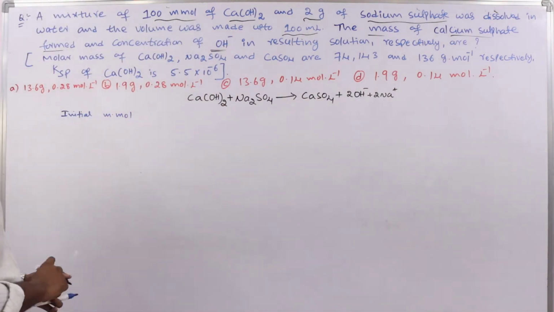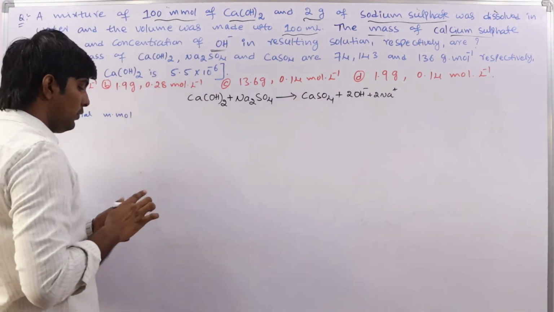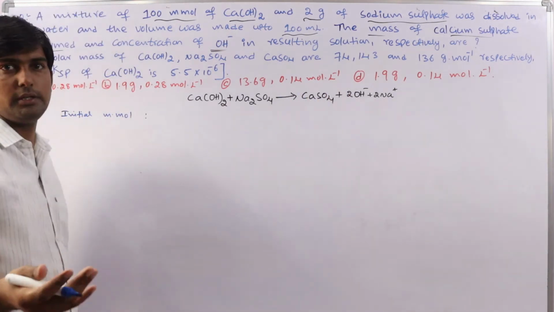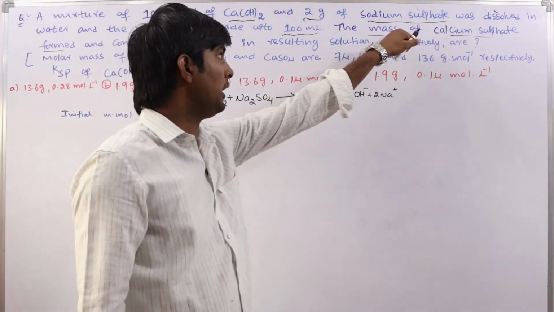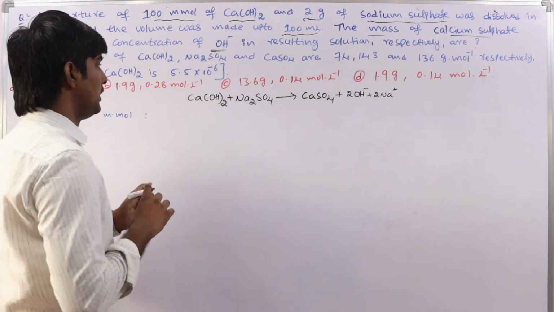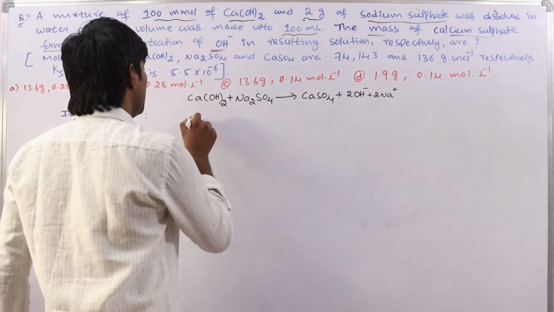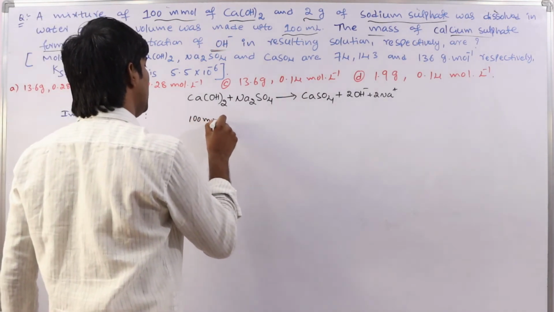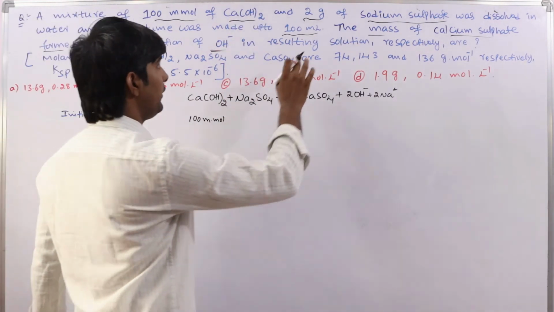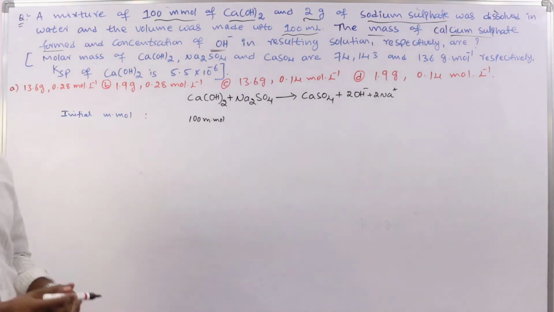So first we have to find how many millimoles of calcium sulfate and OH minus are formed, then we can easily calculate the weight and concentration. So initial millimoles, how much here? 100 millimole they have already given, but for sodium sulfate they have given weight, they didn't provide the millimole.